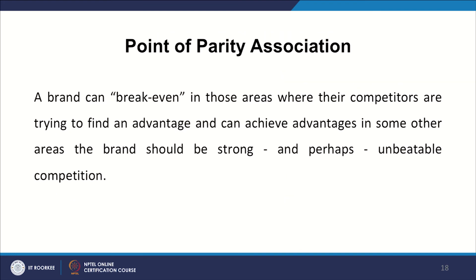A brand can break even in those areas where their competitors are trying to find an advantage and can achieve advantages in some other areas. The brand should be strong and perhaps unbeatable competition.